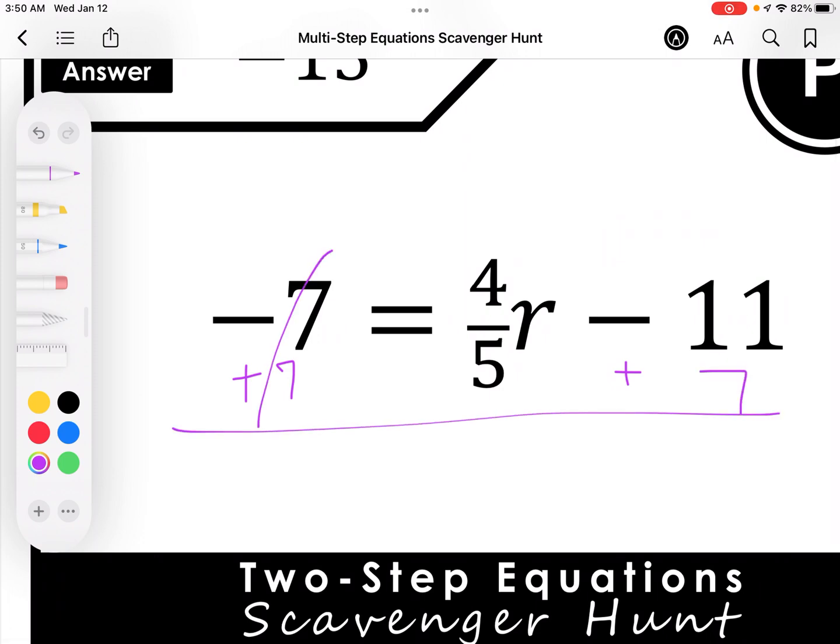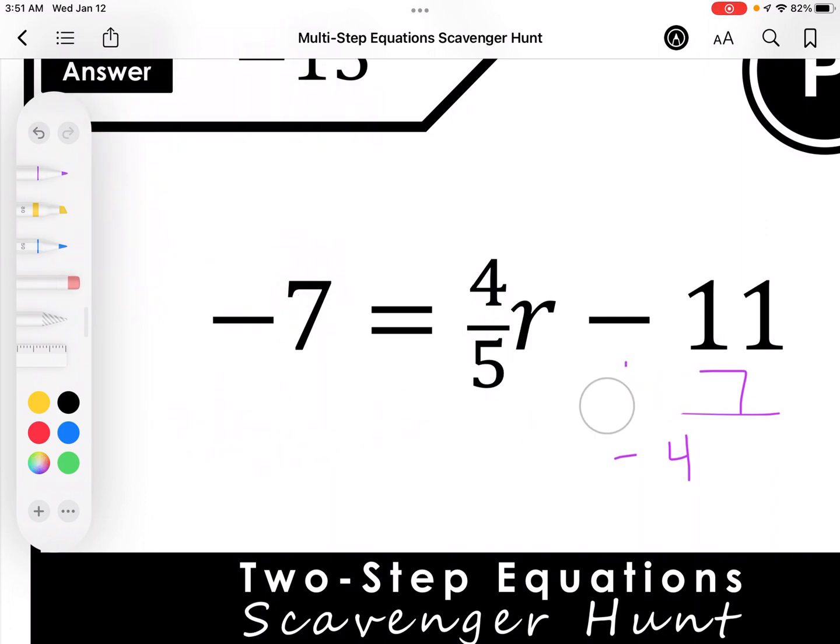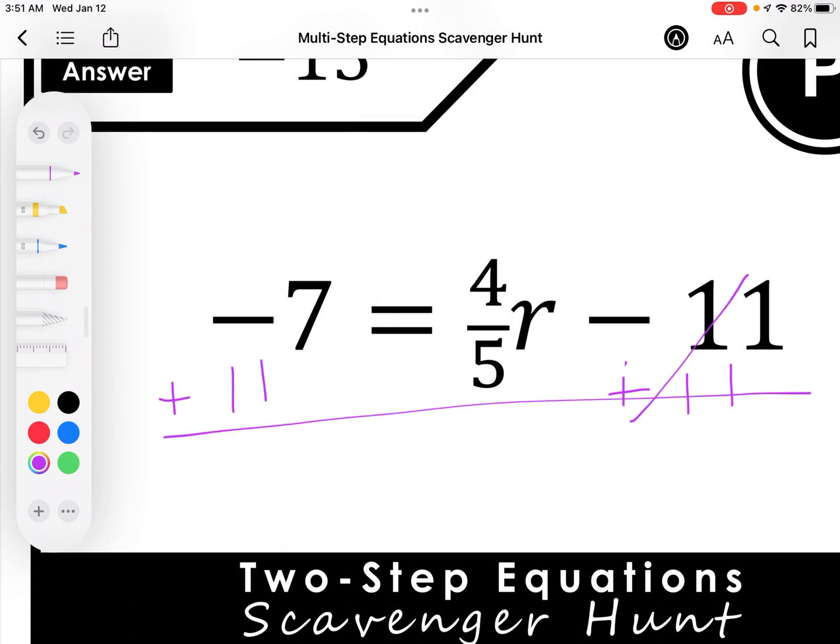Signs are different, so I have to subtract, and I get 4, and it's going to be a negative. Ooh, I did that wrong. I have to isolate my variable, not mess with the other side. I'm going to add 11 to each side. So my signs are different, and it's going to be a positive 4 because there are more positives than negatives, and that equals 4/5 r.